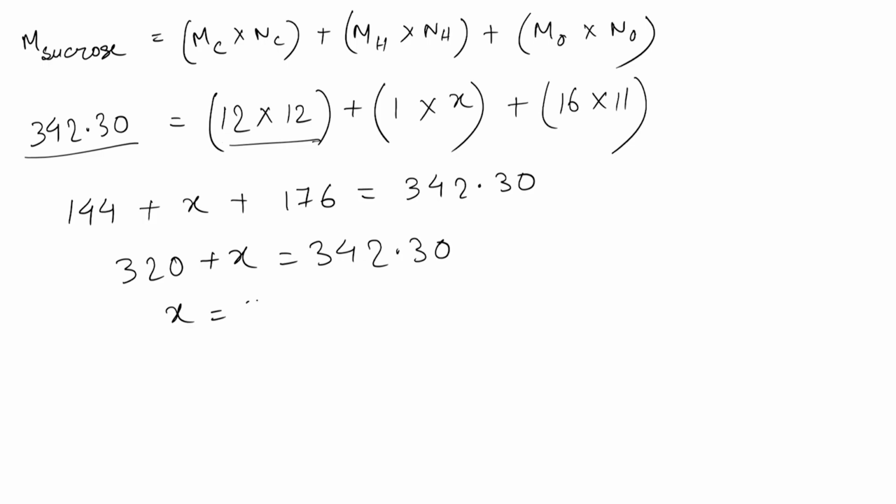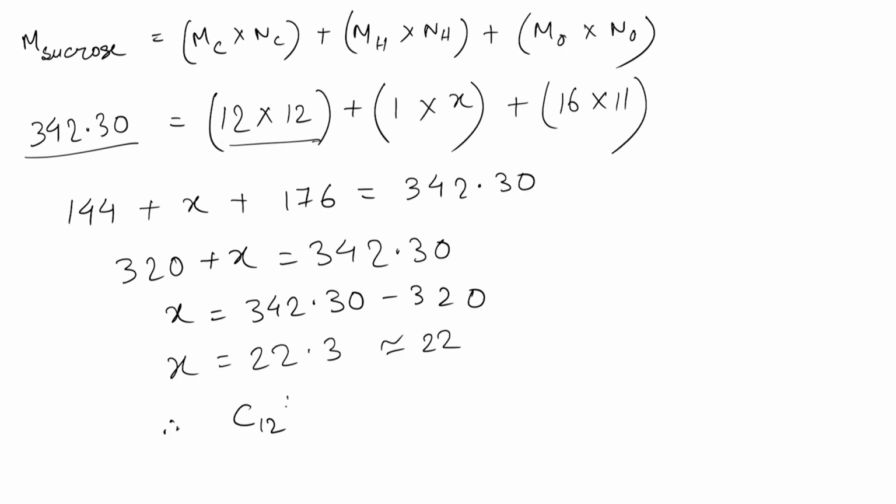So X will be equal to 342.30 minus 320. So X comes as 22.3. We can round it up to 22. So the formula of sucrose is C12H22O11. This is the formula of sucrose.